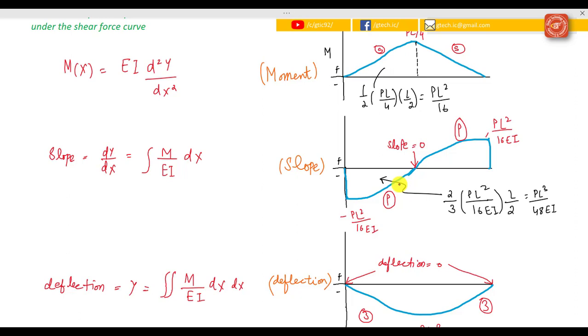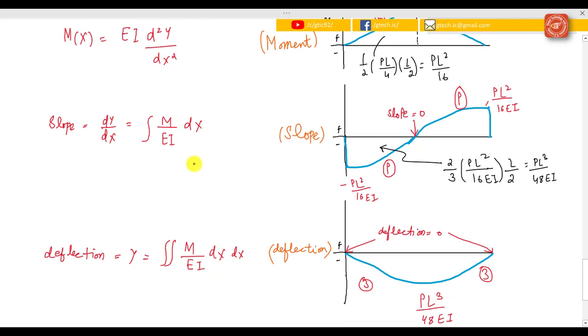Then we can do the same thing for the deflection diagram, and the area under the slope will be the change in deflection. As we know, it's a parabolic curve, so the area of this region is PL cubed over 48 EI. So here is our expression, and we have integrated again. This is parabolic in nature, so the area under the parabola is shown here, that is PL cubed over 48 EI.